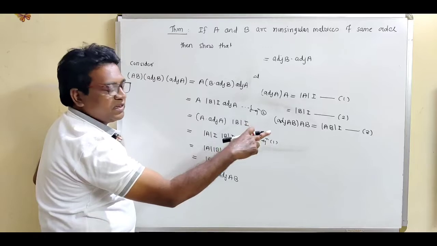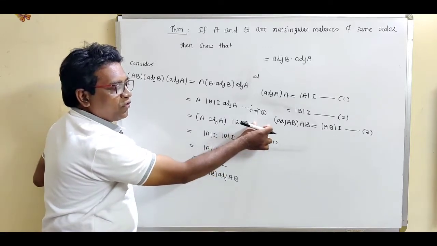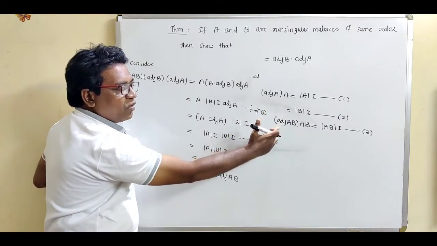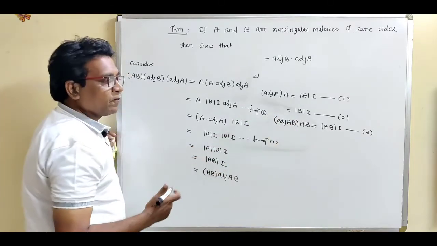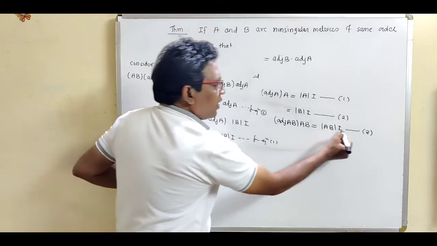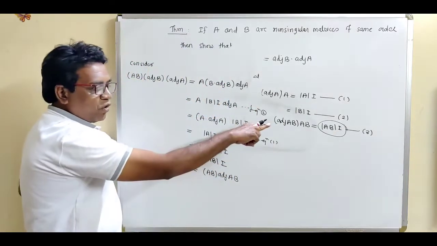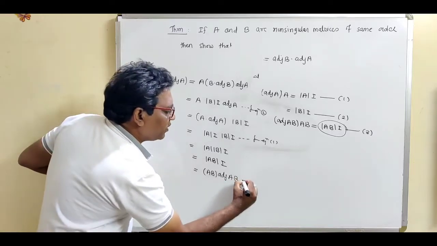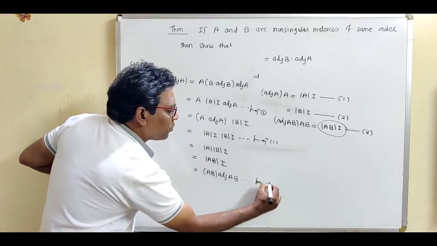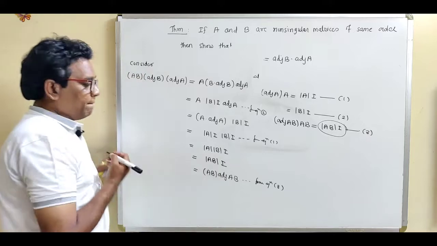What is equation number 3? AB into adjoint of AB. This is same as adjoint of AB into AB, and what is the common value? Determinant AB into I. So from equation 3, let us put this value. Determinant of AB into I, this is given as AB into adjoint of AB. Just give the reason. This is from equation number 3.